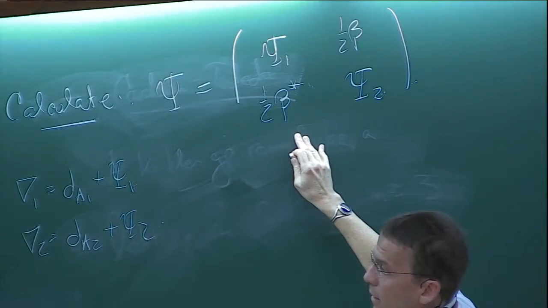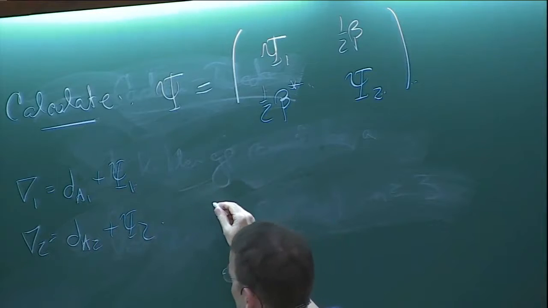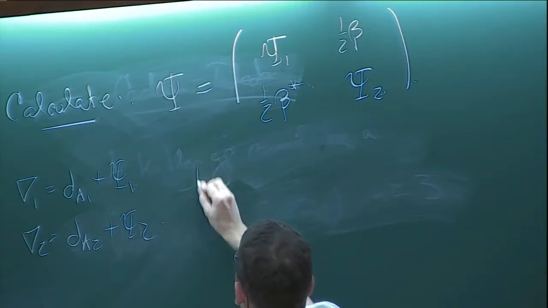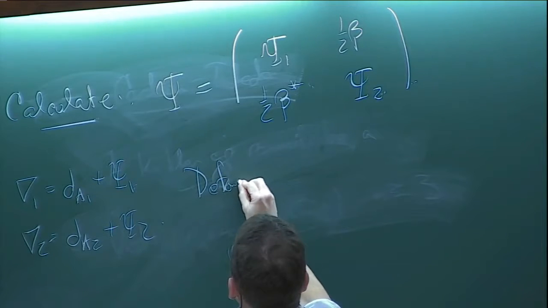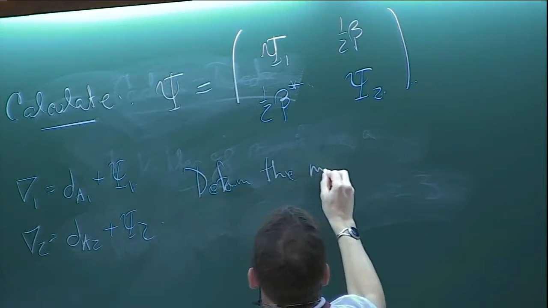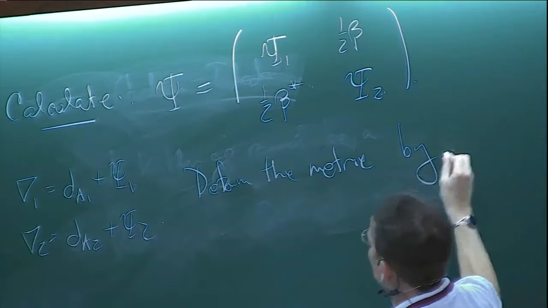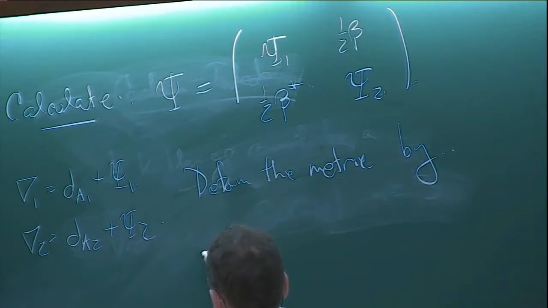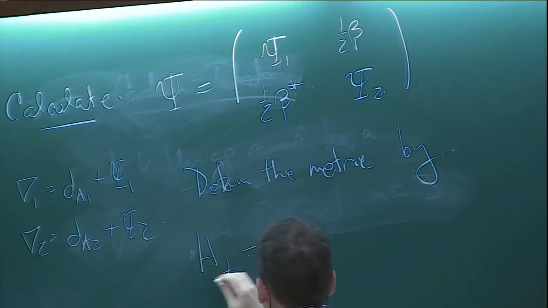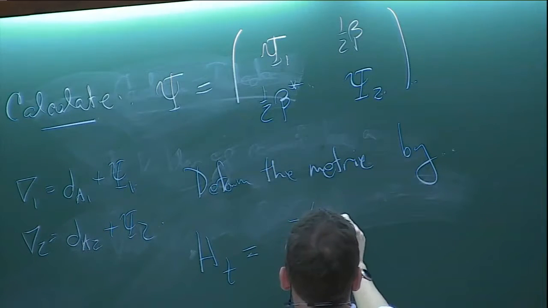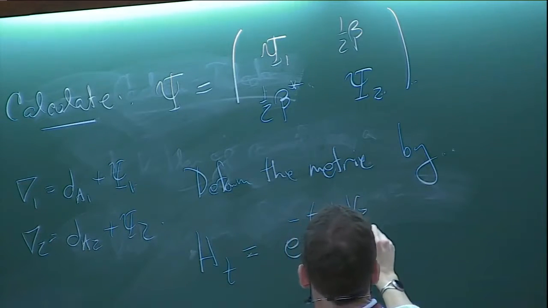And so now I want to do a gauge transformation, and here is the one that I want to do. So I deform the metric. I'm using H now for my metric, and here I want to take this as minus t times the rank of V2 times H1.